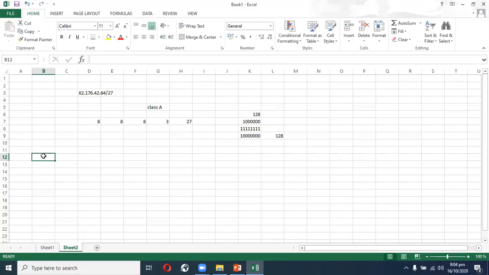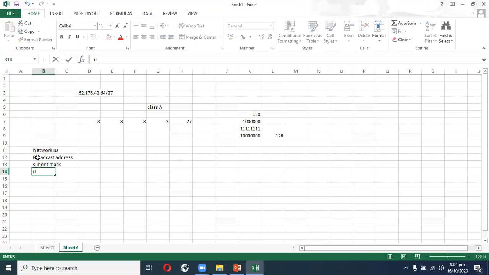Now in this example, if we give this IP, they can ask you to find the network address, the network ID. Next, they can ask you to find the broadcast address. Third is the subnet mask.